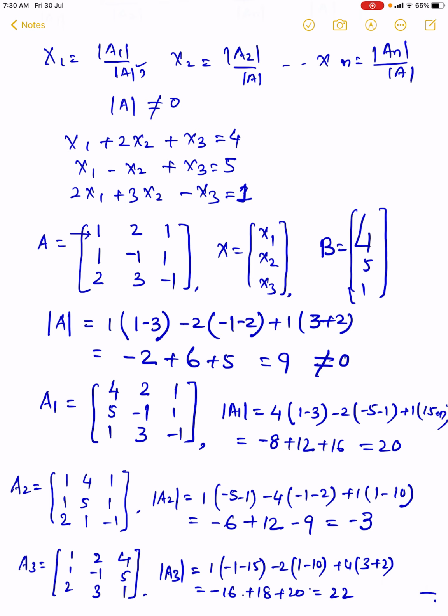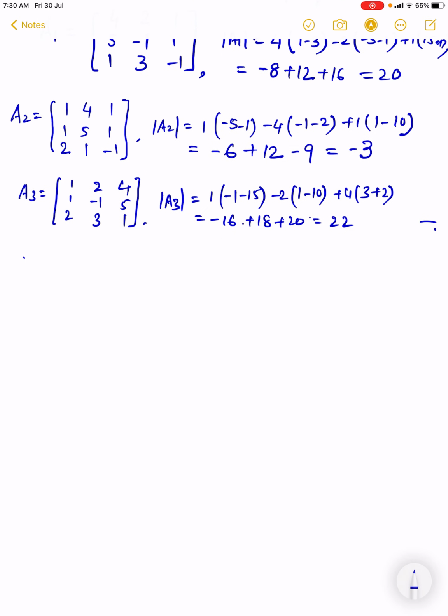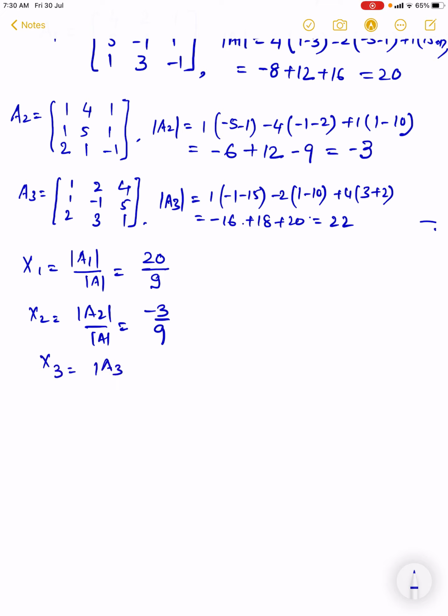So as per the formula of Cramer's rule, the x1 variable value is equal to determinant A1 over determinant A, and determinant A1 is 20, determinant A is 9. x2 is equal to determinant A2 over determinant A, that is minus 3 by 9, and x3 equal to determinant A3 over determinant A, and this is 22 by 9.